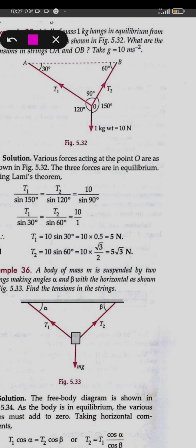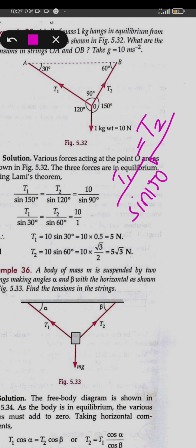So it is given as sin 150, that is between T2 and T1, and again T2 and T3, and T2 and T1 is given as beta and T1 is given as gamma. So we take these values, that is T1 upon sin 150 equals T2 upon sin 120, and mg, the other force in the downward direction, will be given as 1 kg mass, m is 1 and g is 10 meter per second square.